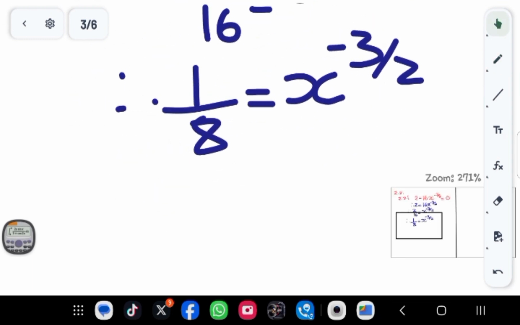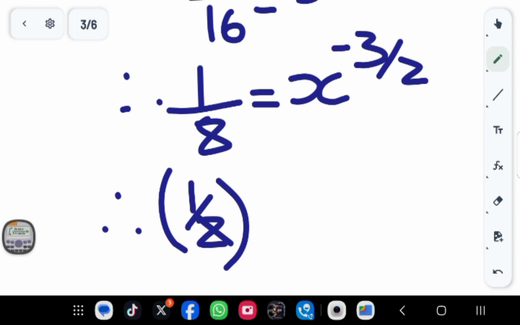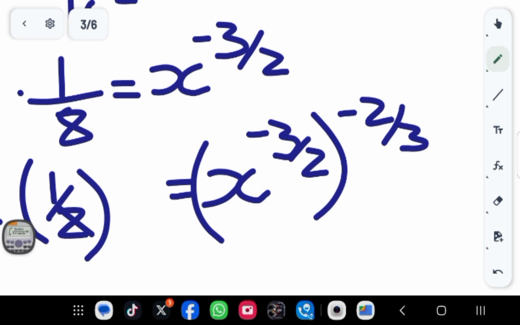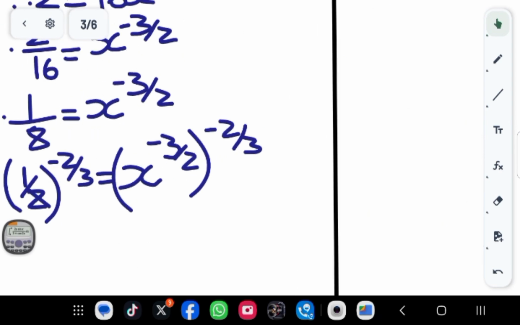Now we raise both to the power of the positive reciprocal of this. That will be negative 2 over 3. So that's what we raise it to, negative 2 over 3, on both sides.